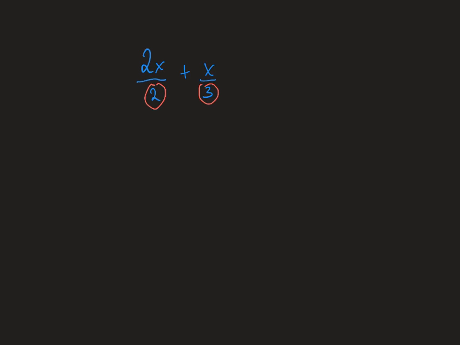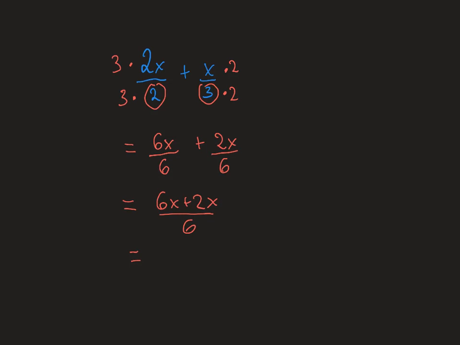And to do that, I can multiply this by 3 and this by 2, which would give you 6x over 6 plus 2x over 6. Now that they have the same common denominator, we can say 6x plus 2x over 6. I'm basically doing the same thing we did last time. I'm just putting them over the same number, which is equal to 8x over 6.